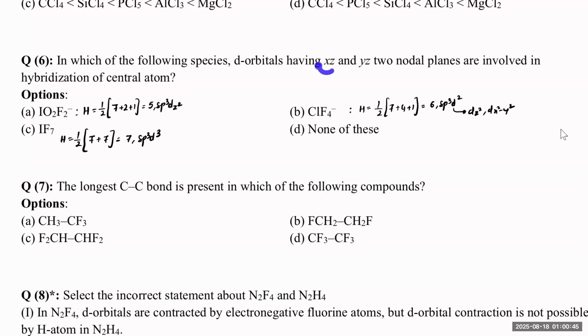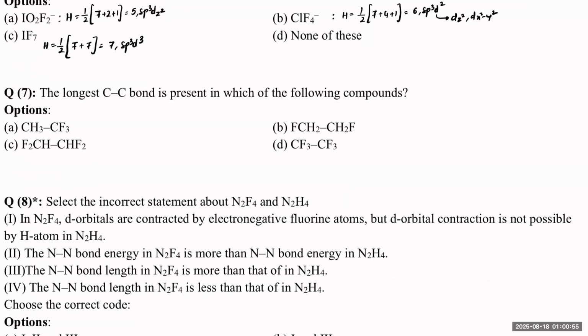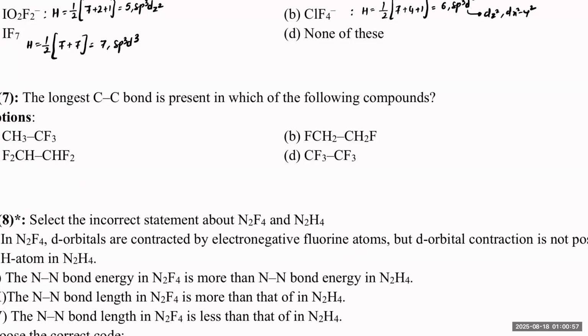Now notice xz and yz have to be the nodal planes. What does that mean? Which orbital will have xz and yz as nodal planes? Let me remind you of something we learned from structure of atom. Suppose you have a d orbital like this with x and y here, correct?